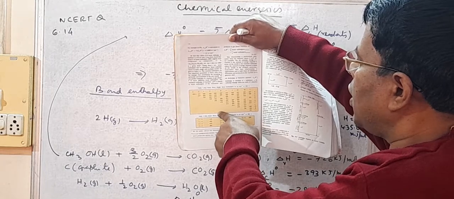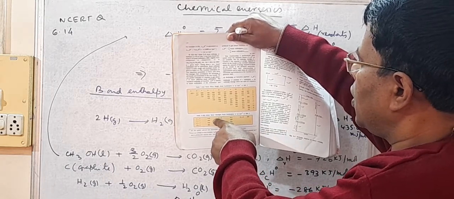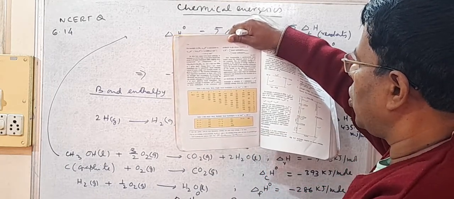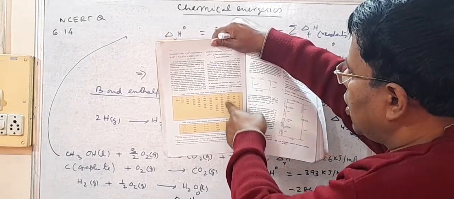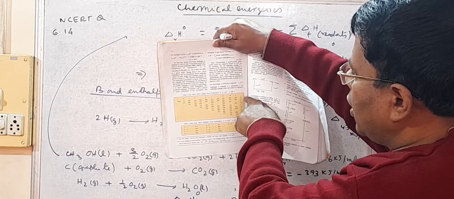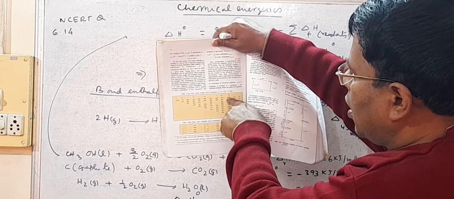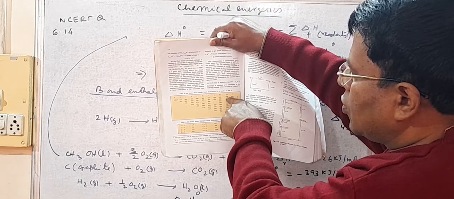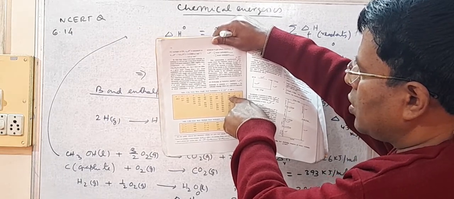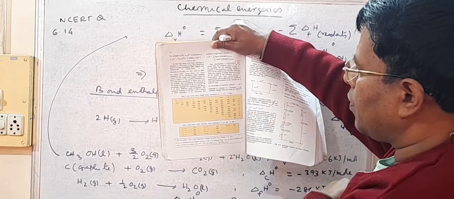Suppose we want to find the bond enthalpy of the HBr bond. Now you see here it is Br, and here you have to have H. So H and Br, where it is meeting, here it is 368. So 368 kilojoules per mole is the bond enthalpy of HBr.